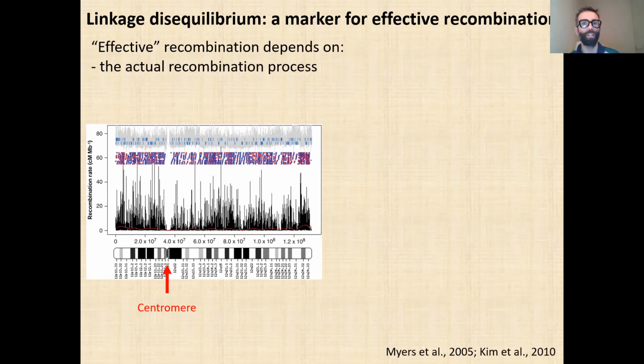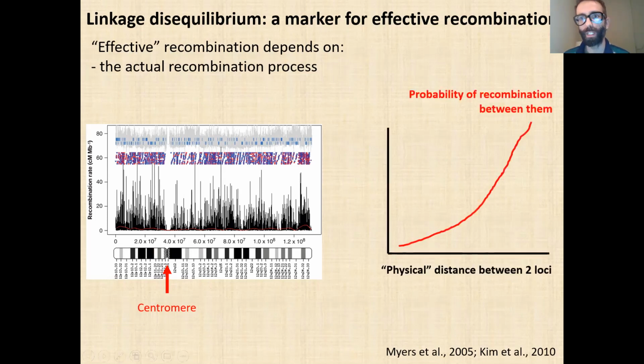And again, as I said, if there is recombination between two loci, of course, the alleles at these loci will effectively be recombined. So there will be very strong, very effective recombination between these two loci.